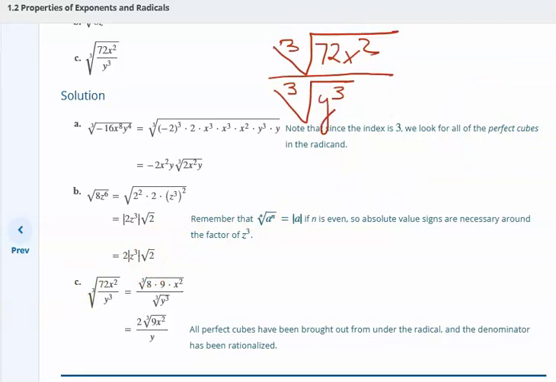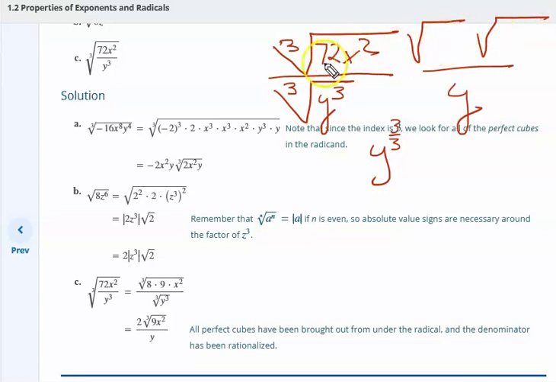Looking at this, and I separated, which we're perfectly qualified to do. Notice that if this is the third root of something to the third power, if we convert that to its fractional exponential form, it's 3 over 3. This is a 1. So our denominator is just going to be a y. And up in the numerator here, we want to separate them.